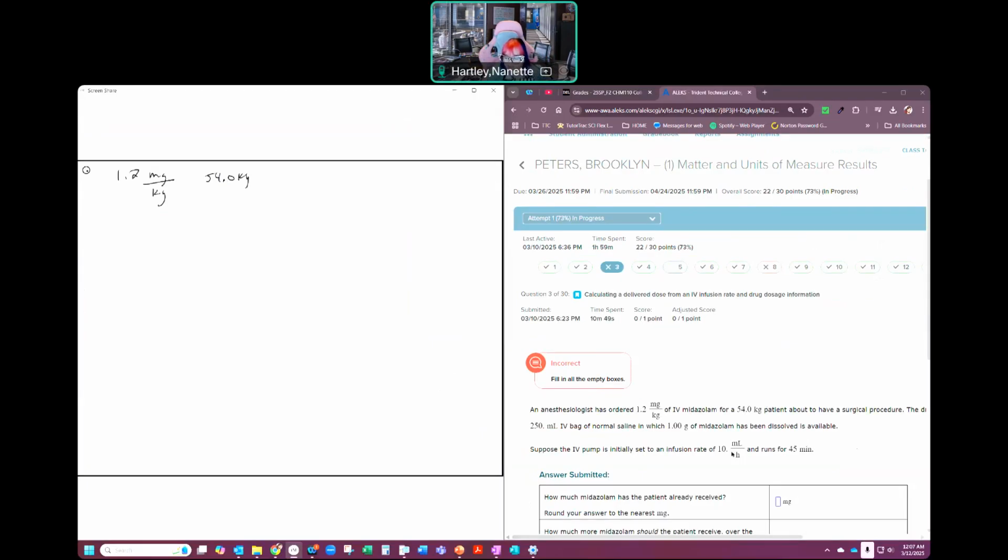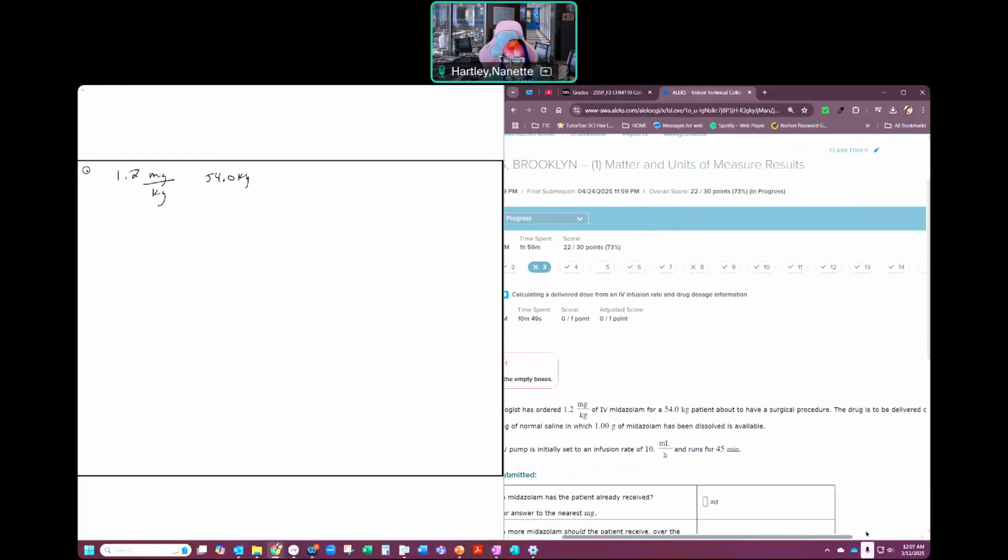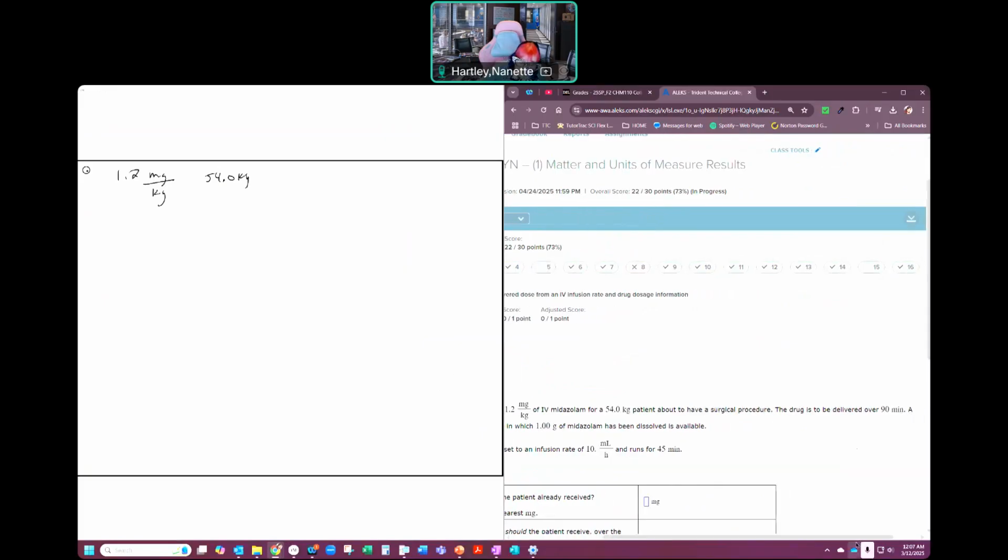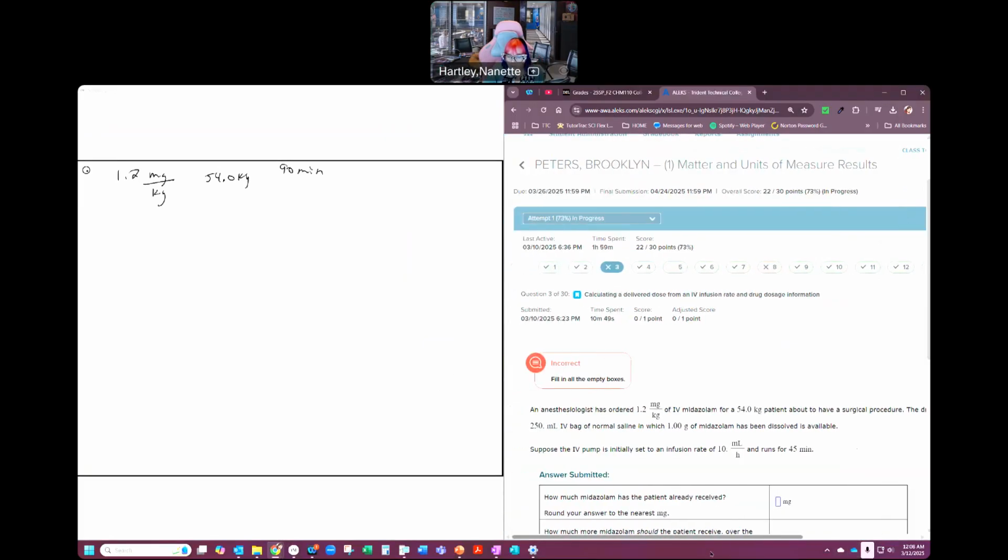The drug is to be delivered over 90 minutes. A 250 milliliter IV bag of normal saline in which 1.00 grams of this has been dissolved is available.